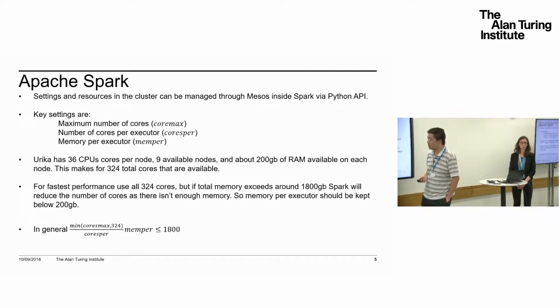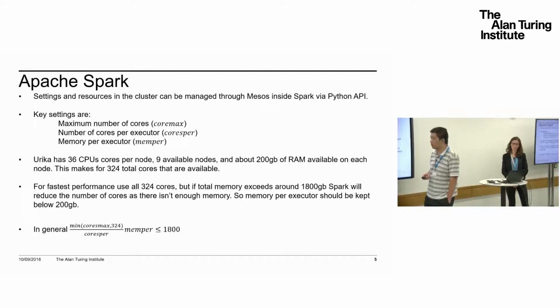Eureka, for instance, has 36 CPUs per node and 9 available nodes. A node is like a computer inside a cluster, and it also has about 200 gigabytes of RAM available on each node.